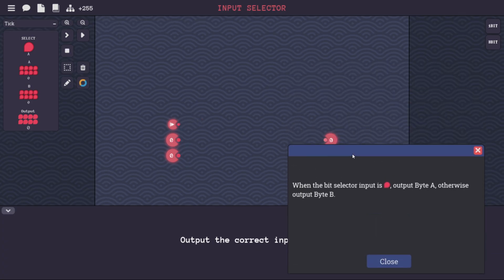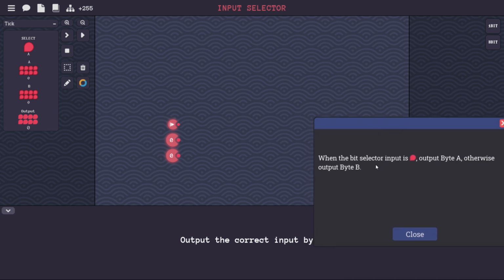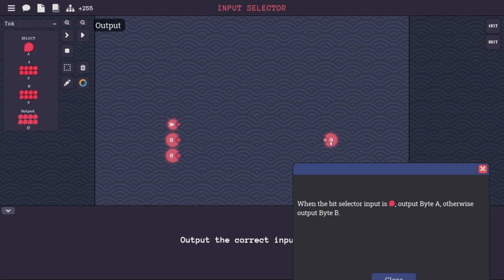We're told that when the bit selector input is off like this, we output byte A, otherwise we output byte B, and we see the output is here.